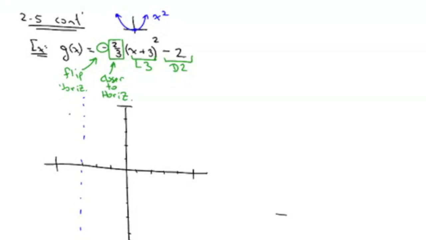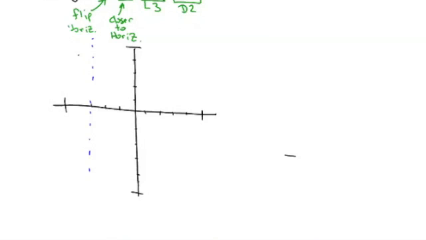All right, what do I do with the x-axis then? The y-axis is coming left 3. The x-axis is going down 2. And if you think about it, this one has an equation of x equals negative 3, and this one has an equation of y equals negative 2. Okay.